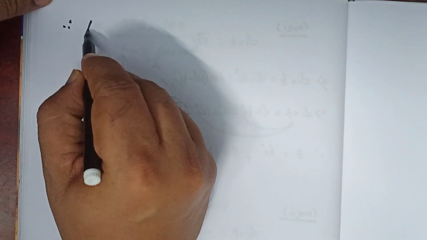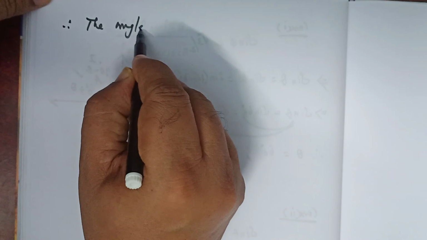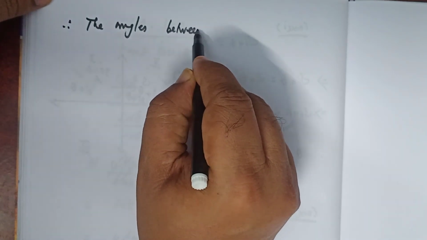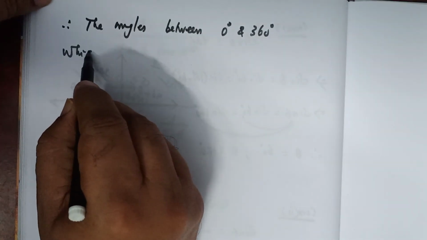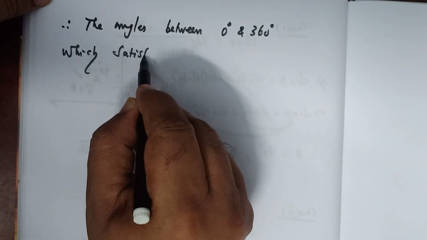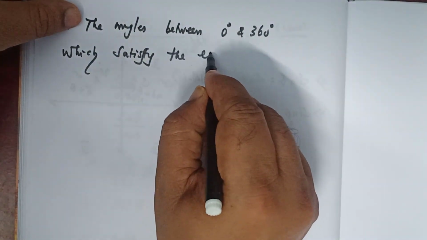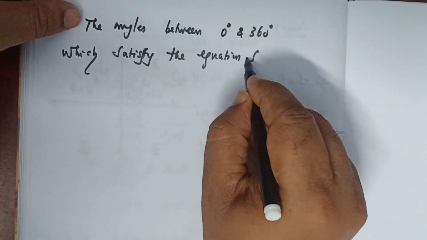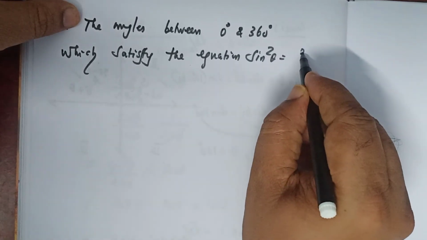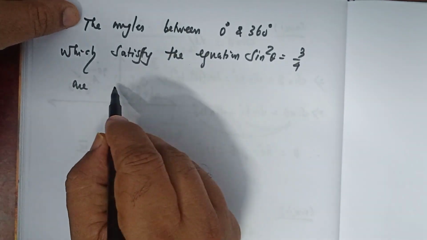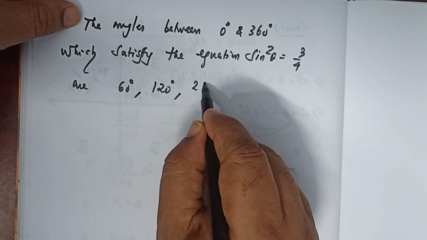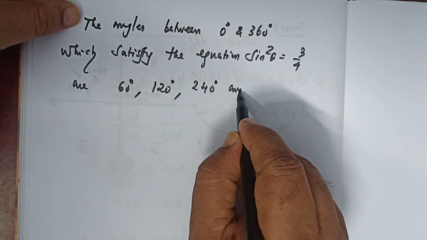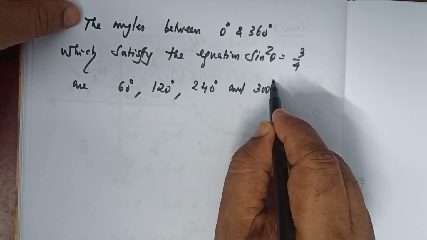Therefore, the angles between 0 degrees and 360 degrees which satisfy the equation sin squared theta equals 3 by 4 are 60 degrees, 120 degrees, 240 degrees and 300 degrees.